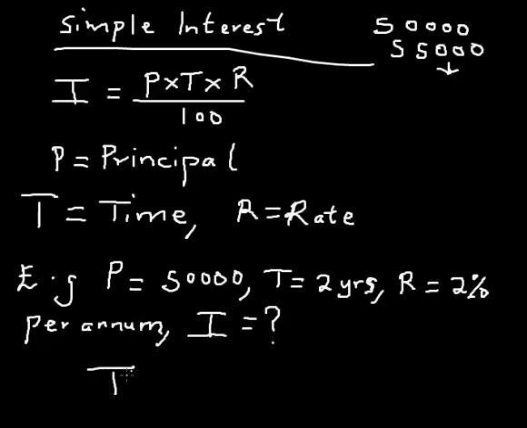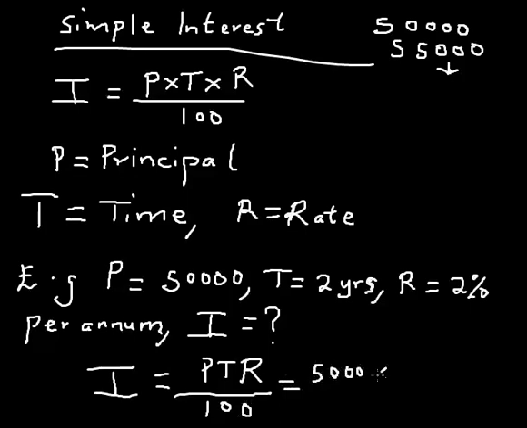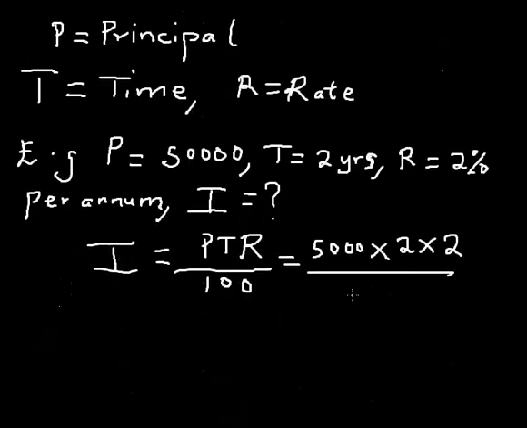Of course, from the formula, simple interest is P times T times R, PTR in abbreviation, divided by 100. So P is 50,000 that he borrowed. The time is 2 years, and the rate is 2%, then divided by 100. Multiplying that, that's going to be 4 times 50. That's going to give 200, right?